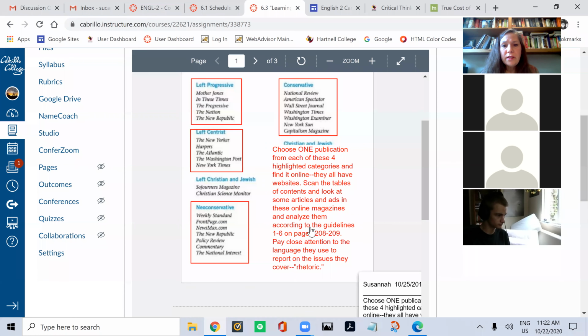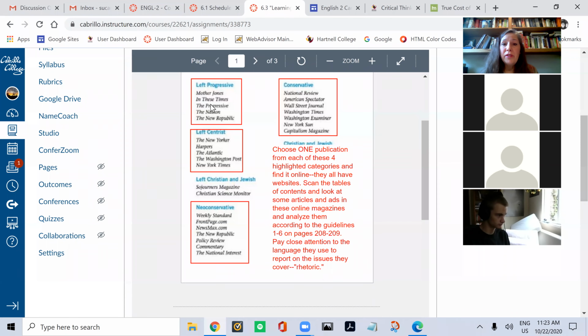And then look at the ads, right? Because as we were saying for SA2, advertisers know what people are into in their target audience. So they're not going to pay to put an ad pro Second Amendment in Mother Jones magazine, because they know those readers will not be positively disposed towards that message.